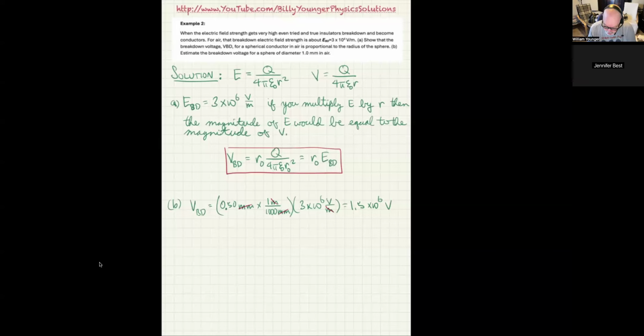In other words, you normally needed 3 million volts to go a meter, but if you make a tip of a lightning rod down to 0.5 millimeter, then you can actually just have a voltage of 1.5 million volts instead of 3 million volts, and 1.5 million volts is big enough to cause the charge of the cloud to discharge through the lightning rod.